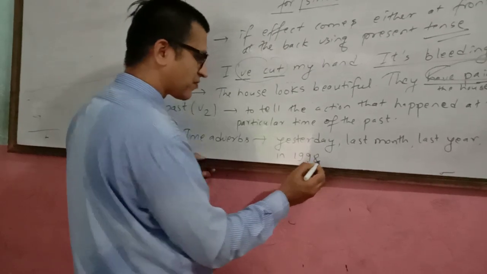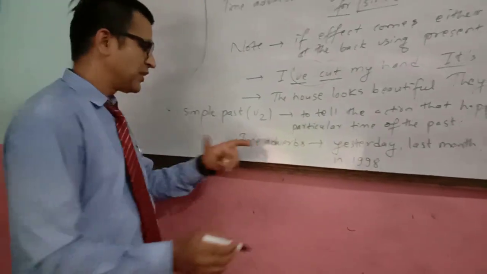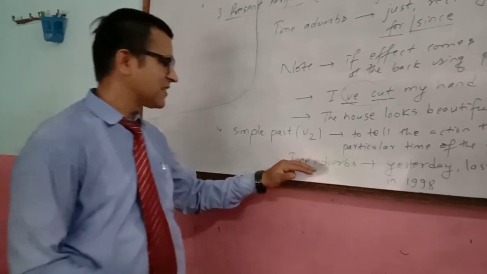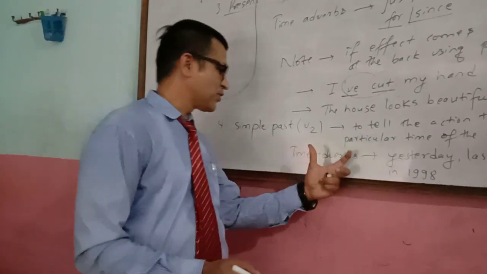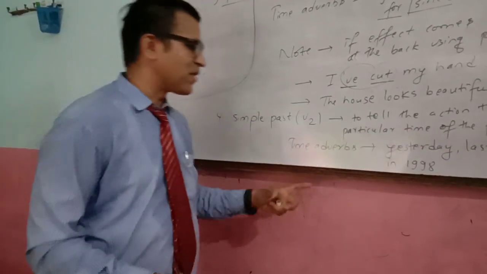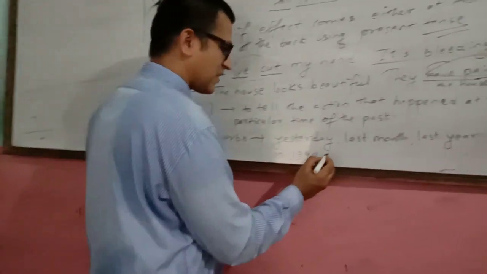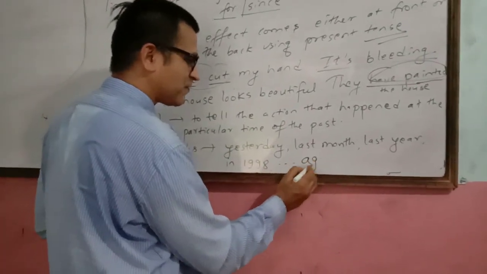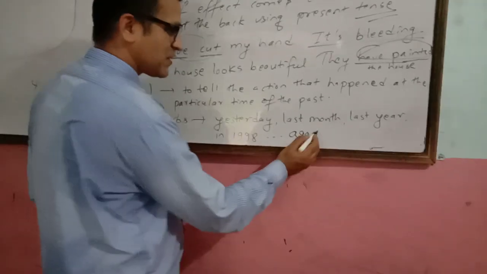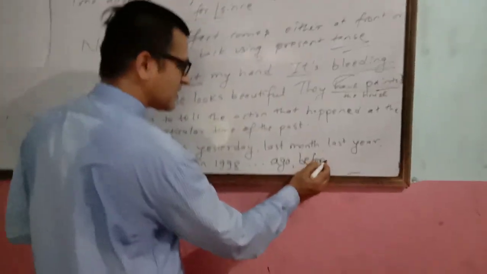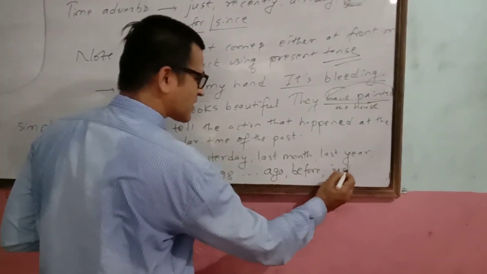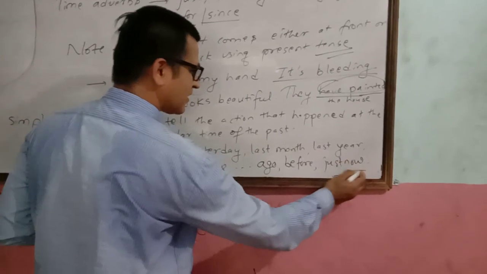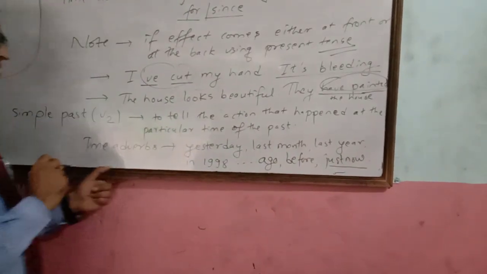And sometimes we use simple past, and if we look at these time verbs, sometimes we see ago, sometimes we see before as well, sometimes we see just now. Look at that, just now. If it comes, we have to use simple past.